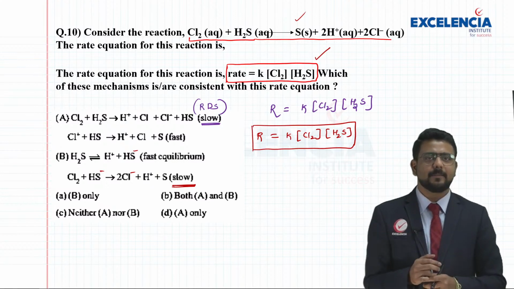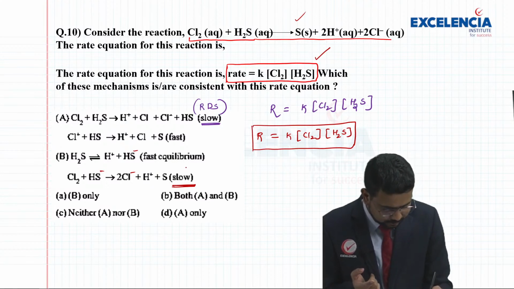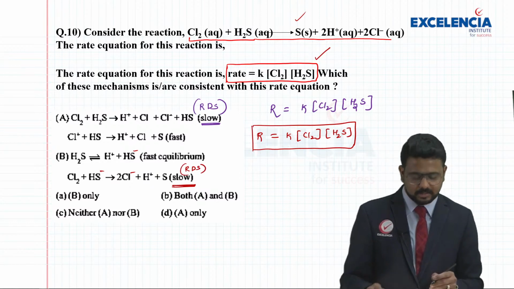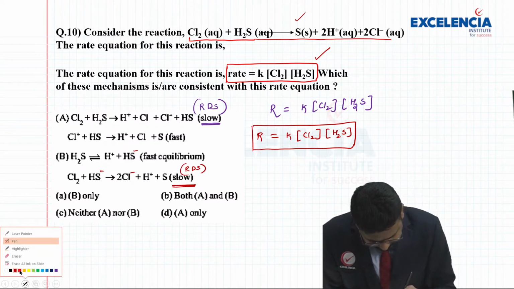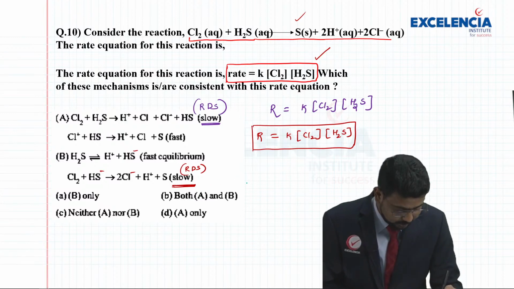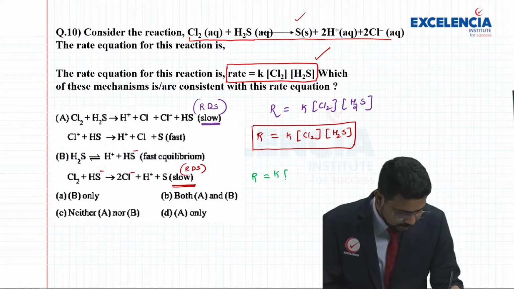So if it is a slow step, again it is basically your RDS, rate determining step. And because it is your rate determining step, we can say that the rate equation for this particular slow step is going to be R is equal to K times concentration of Cl2 times concentration of HS-. Yes or no?